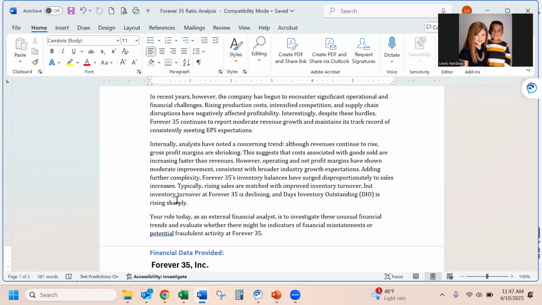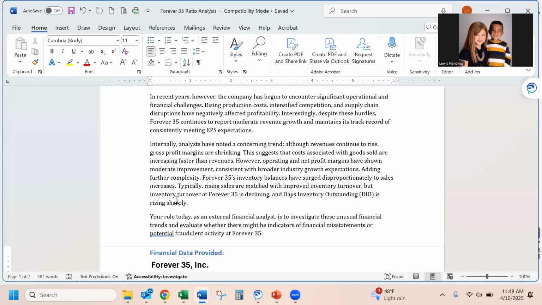And so we want to make sure that things are still working the way they should. They're meeting their earnings per share estimates and stuff, so that's good. But they have a lot of other issues that we can see. So I give you some scenarios here about how things are changing, revenues, profit margins, stuff like that.